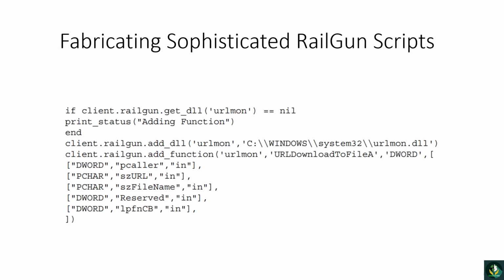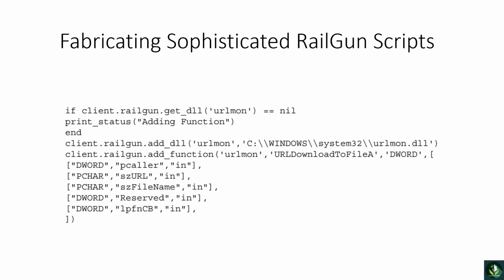Taking a step further, let's delve deeper into writing scripts using Railgun for the Meterpreter extension. Let's first create a script which will add a custom named DLL file for the Metasploit context. So this is the script. Save this code under a file name urlmon.rb under the Meterpreter directory.